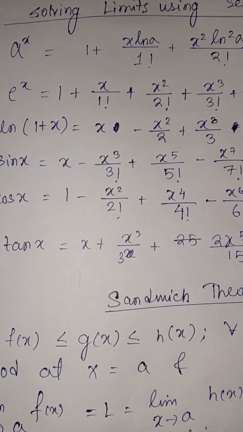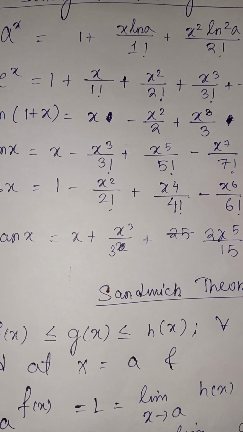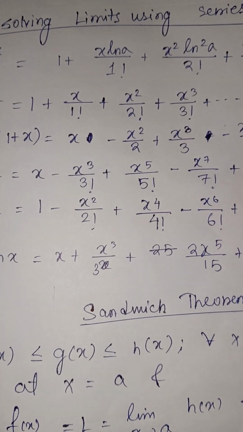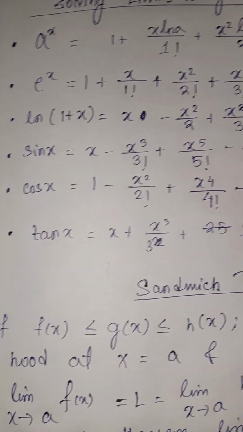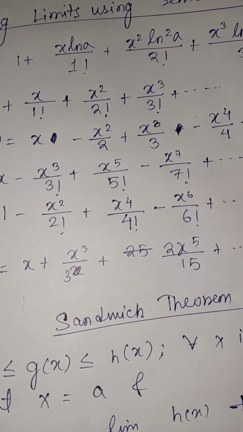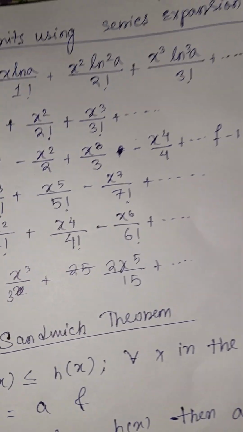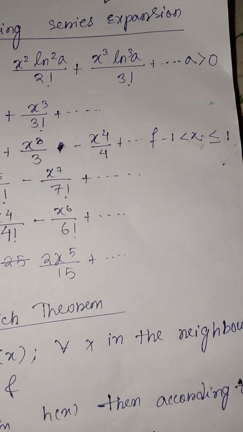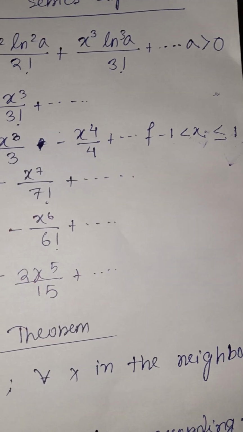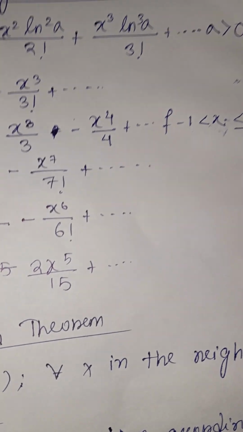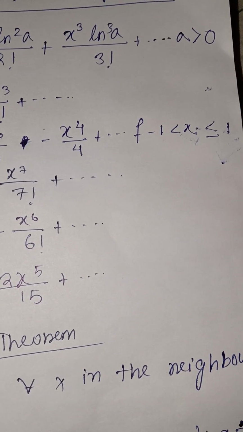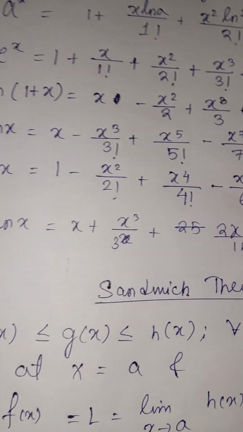Next, e to the power x is equal to 1 plus x by 1 factorial plus x square by 2 factorial plus x cube by 3 factorial plus dot dot dot. For ln(1 plus x) is x minus x square by 2 plus x cube by 3 minus x to the power 4 by 4 plus dot dot dot, where the value of x is greater than minus 1 and less than or equal to 1.